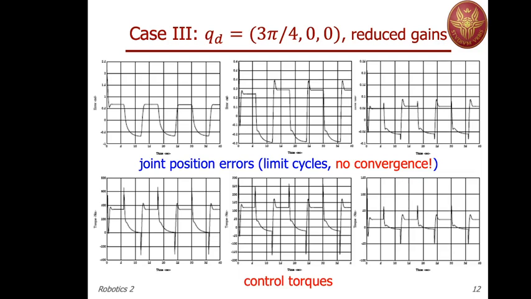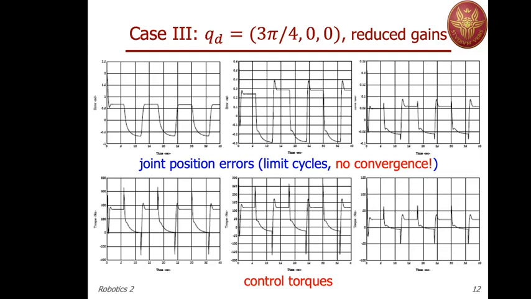And similarly, you can see that the control torques become periodic, so the system is not diverging, but is never converging. It stays in some kind of local minima, from one local minimum to the other, a bit above the desired value of Q1, a bit below, and with the other two joints also not placed correctly.